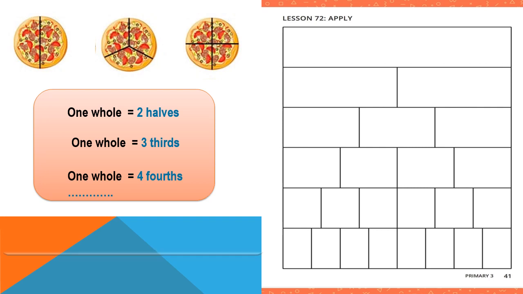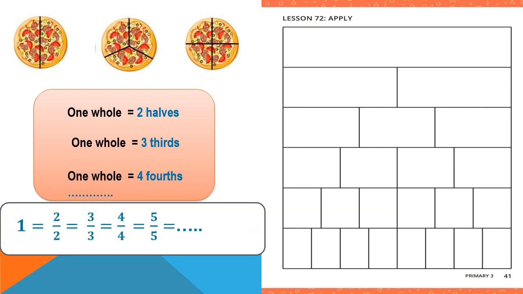Okay. And we can write it like this. The whole one contains 2 halves, 2 over 2. 3/3, or 3 over 3. The whole one, 4/4. Or 5/5, and so on.